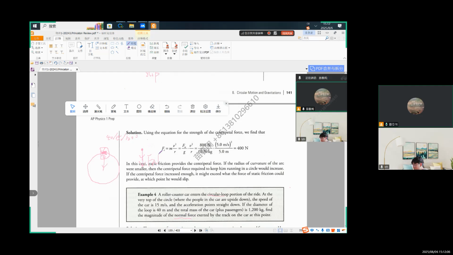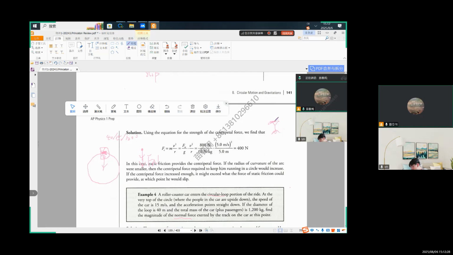I don't know. This is the thing. If you are facing upside down, this is the person. But there must be a normal force exerted by the track.